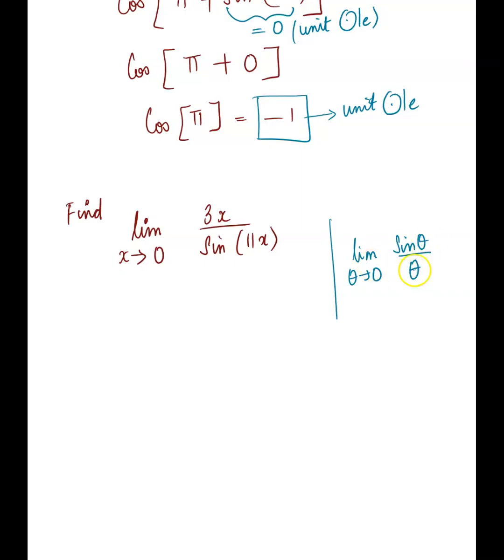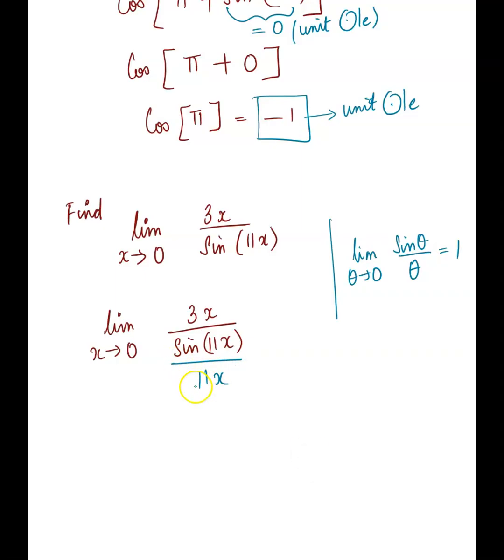The limit of sine theta over theta as theta approaches 0 is 1. Try to use that here. Okay. So how do I use it? This is 3x on the top, that's fine. But I have to have sine 11x, a matching 11x in the bottom, right?